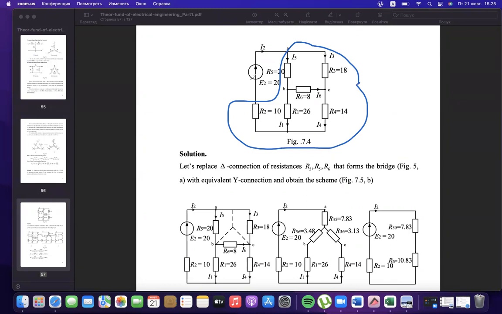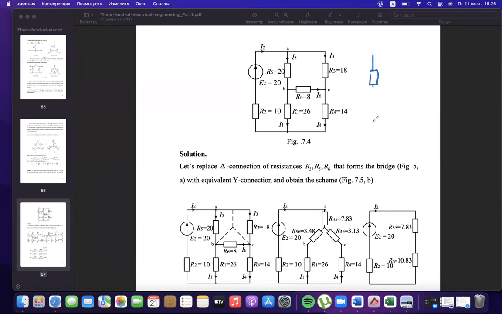But these elements are connected in mixed type because we cannot divide them only into series and parallel. Series connection should have the same current, but currents will be different in all branches. Parallel should have the same voltage, but voltage also differs because potentials A, B, C, D are all different.